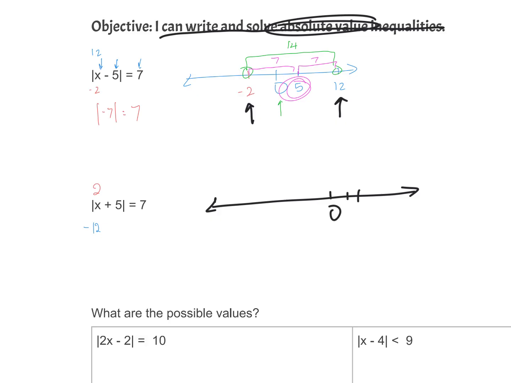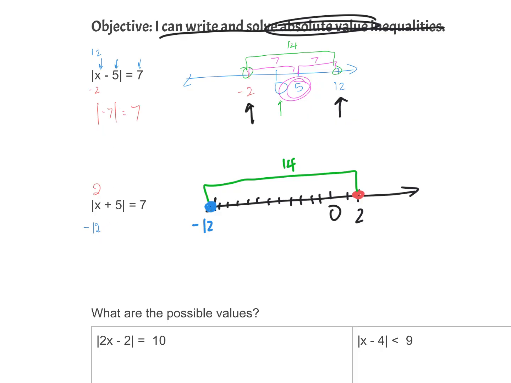So here's 2, and to try and make this truer, I'll count negative 12: 1, 2, 3, 4, 5, 6, 7, 8, 9, 10, 11, 12. Cool. So here's negative 12, here's 2, and the distance between these two, just like the last one, is 14. That shouldn't blow your mind too much because the only difference between this one and the last one is that we changed that minus sign to a plus sign.